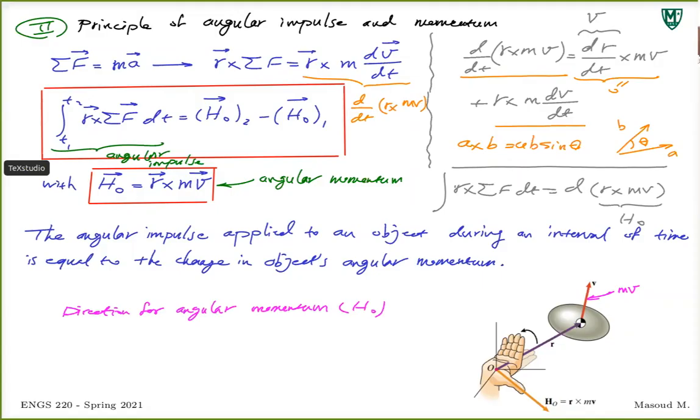Now, there is a special case that we deal with a lot when using the principle of angular impulse and momentum, and that's when we have what they call central force motion, meaning that the force acting on the object stays toward a point. Think about a coordinate frame with an object moving around.